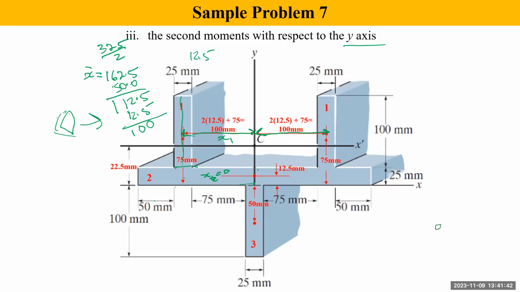Why is x2 0? Can somebody tell me why our x2 is 0? It's on our x-axis. x3 is also 0. Is our x3 0? These two coincide, the center of this segment 2 and this point here, so there's no distance from the center to this; it is 0.